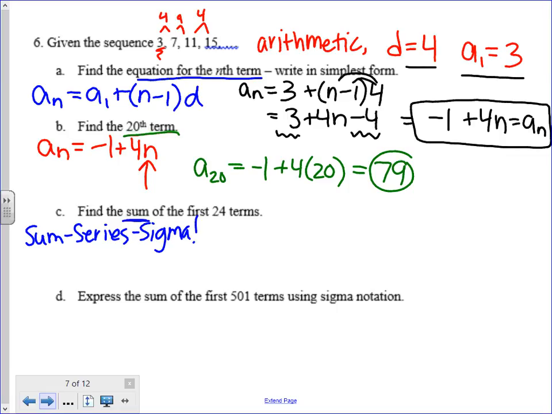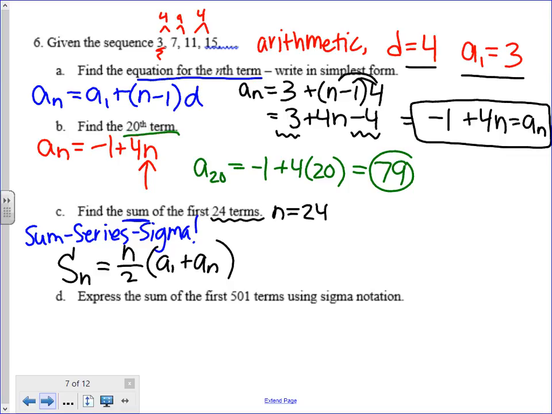Well, this is an arithmetic sequence, so I need to use the series formula for arithmetic, which is n over 2 times a1 plus a sub n. Now the information I need, n. N is the number of terms that I'm adding up. Well, here it says I'm adding up 24 terms, so I'm going to use n equal to 24.